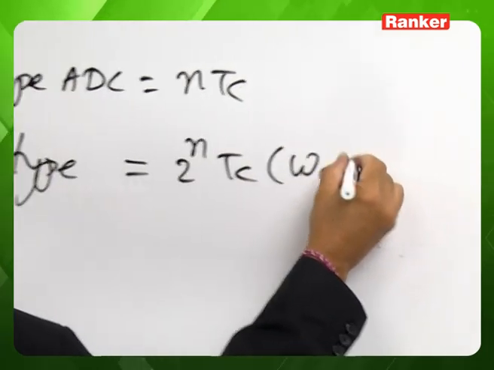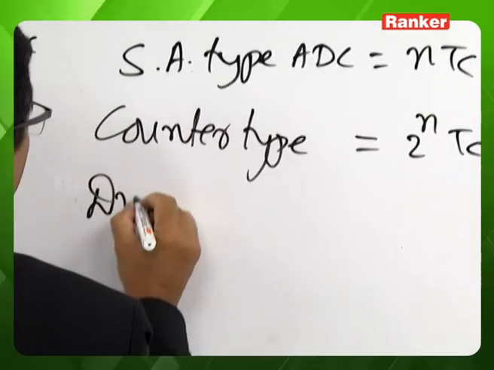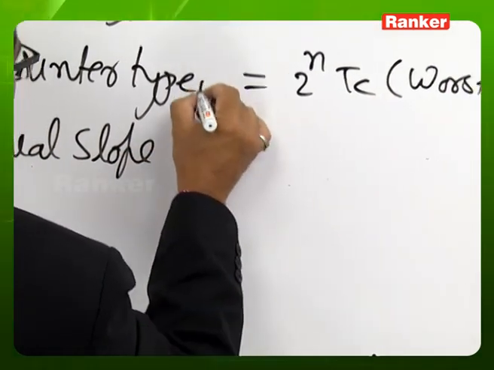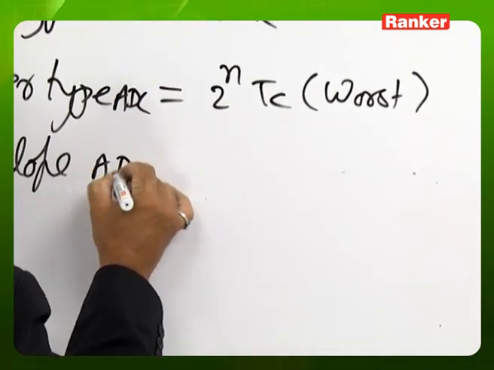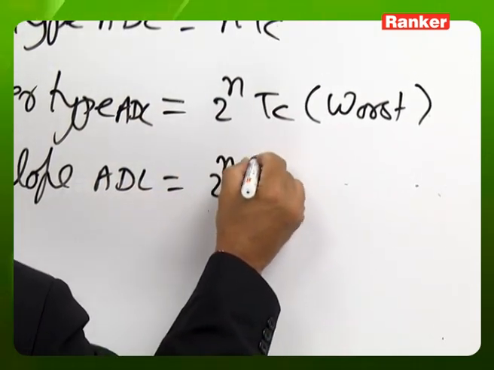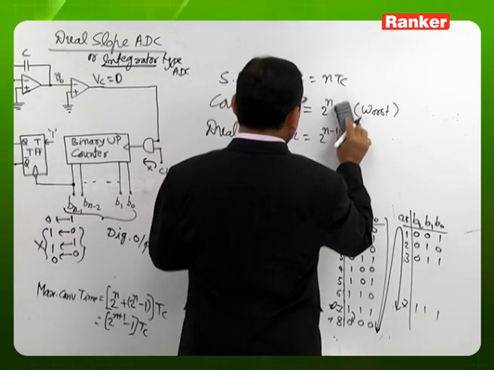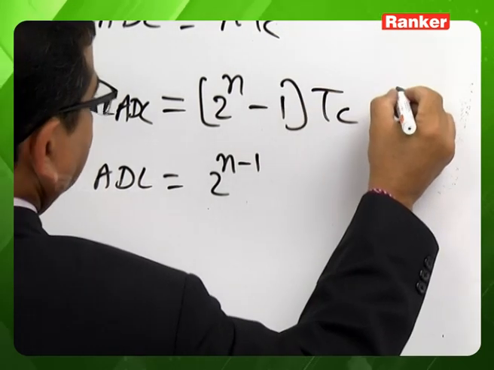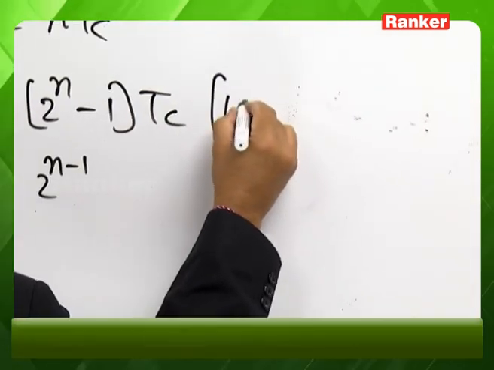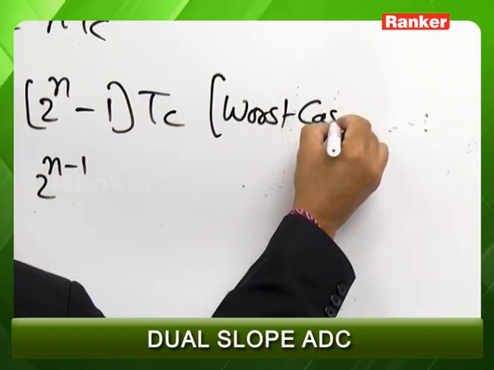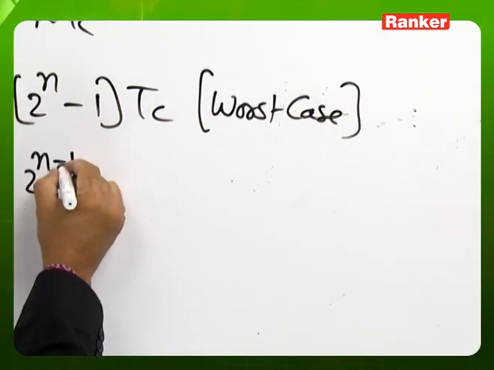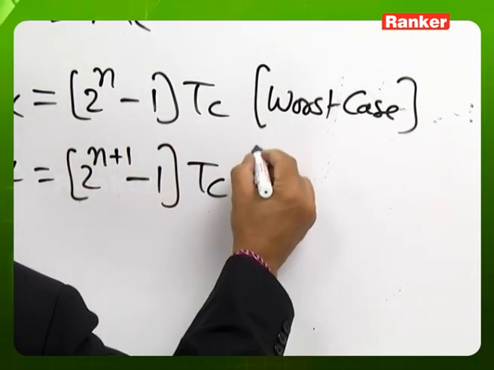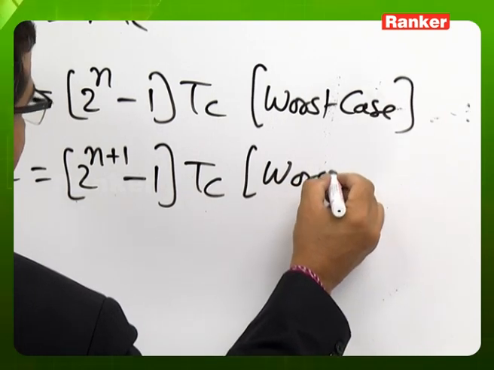And dual slope, we are looking at 2 to the power of n plus 1. Of course, here also it is 2 to the power of n minus 1 into Tc if you take it as exact; as I said, it is worst case. For dual slope it is 2 to the power of (n plus 1) minus 1 into Tc, for worst case.